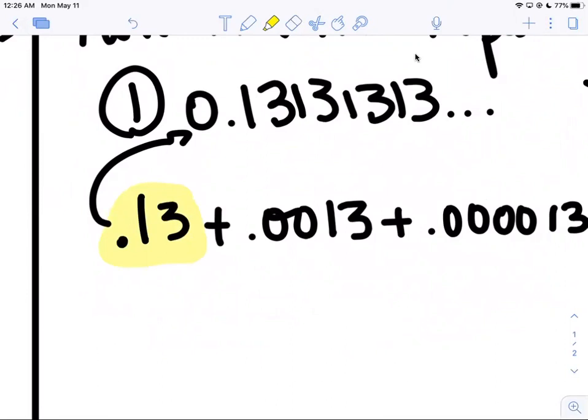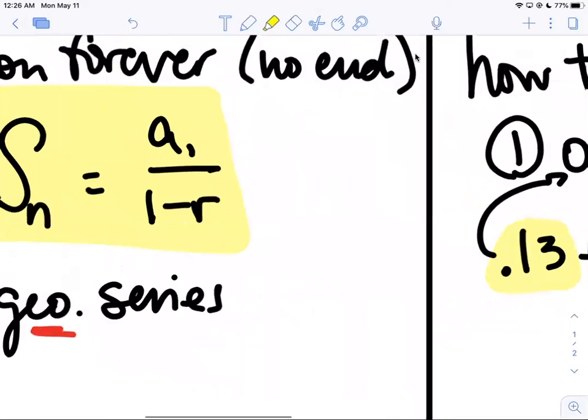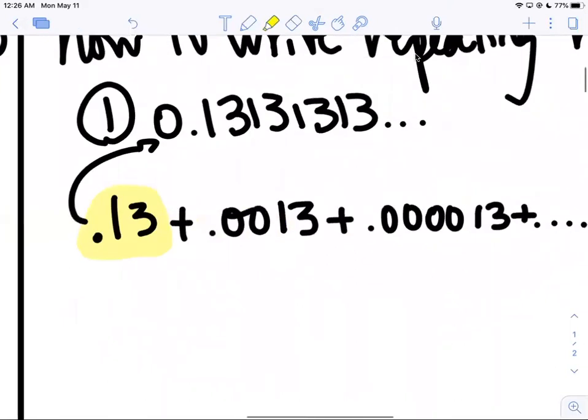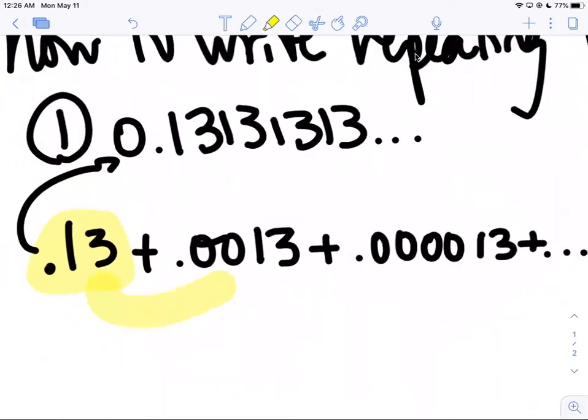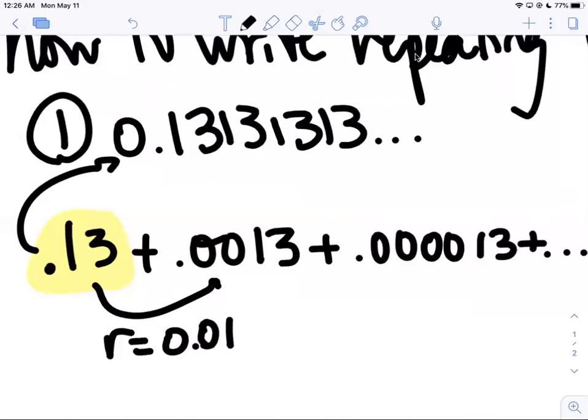I'm trying to think of this as a sum of an infinite geometric series, so I can use a formula from right here. I need my a1 and my r. My r is what you multiply to get from here to here. Essentially, you're just moving the decimal, so we're multiplying by 0.01. If I multiply this by 0.01, it moves it 1, 2 places.